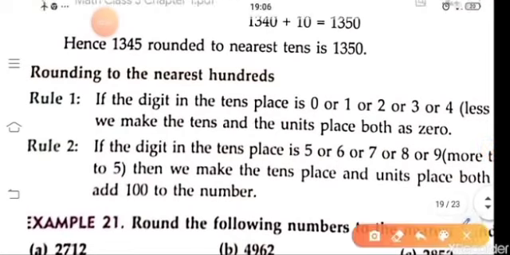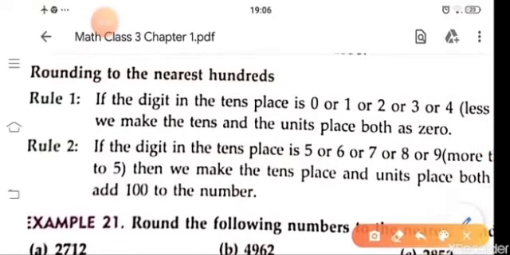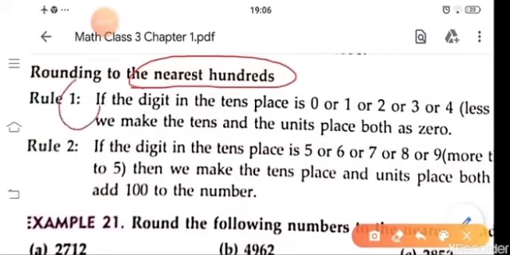Let's move on to rounding to the nearest hundreds. Again there are rule number 1 and rule number 2.